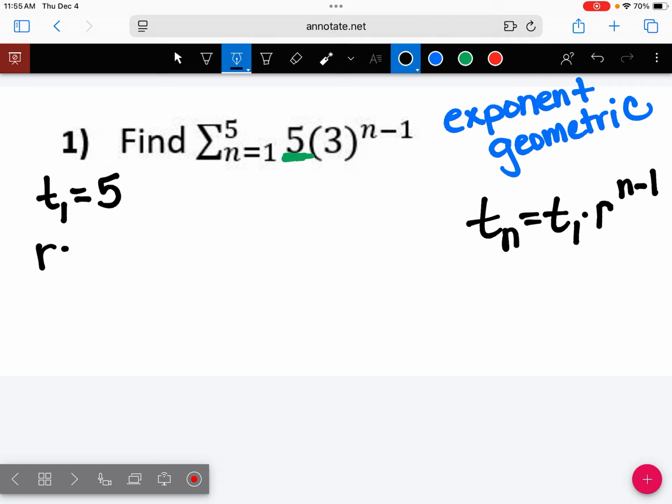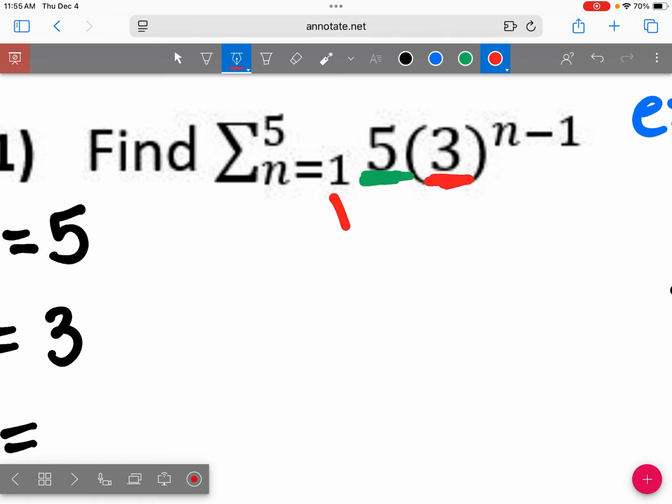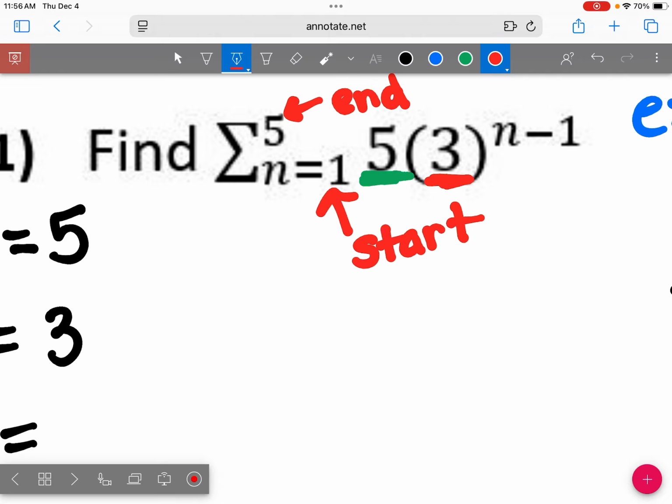My common ratio, that's the base of my exponent, that is 3. And then how many numbers do they want me to add? This says we're going to start with the first one and end with the 5th one. That's what that tells you. Remember, this at the bottom of the sigma tells you where to start. And this tells you where to end. So n is 5.